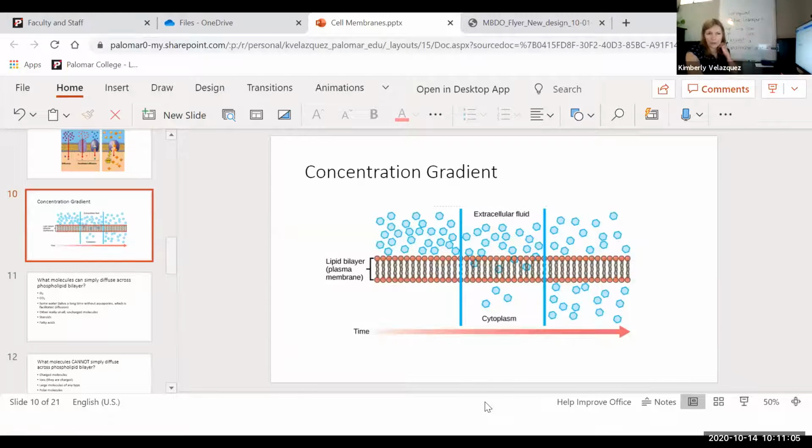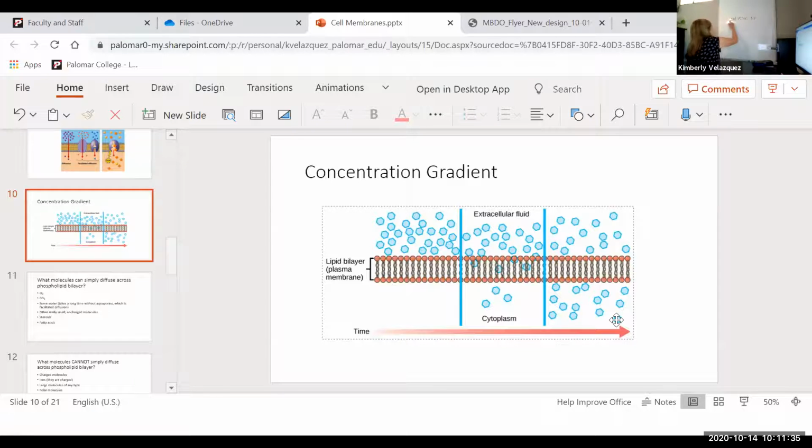Okay, so in passive transport, if we have all of these molecules outside the cell, they're going to start moving from high to low. So they're going to start moving into the cell until they become equal on both sides of the cell. So the goal of passive transport is equilibrium. It's not really even the goal, it's really the end result.